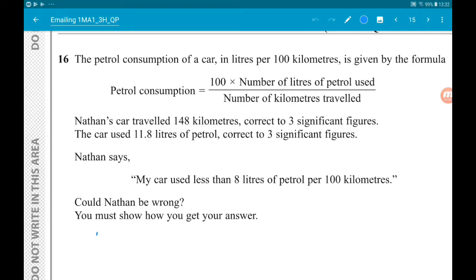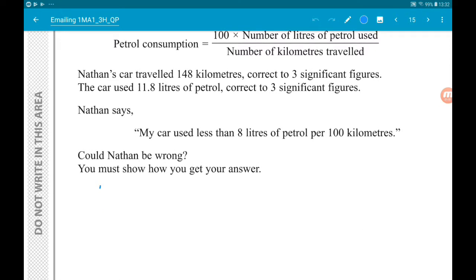So what we're going to do first of all is write down the error intervals for the distance and the petrol used. So for the distance, well, it's 148 kilometres to 3 sig figs. So our error interval is going to have 4 significant figures on both bounds.